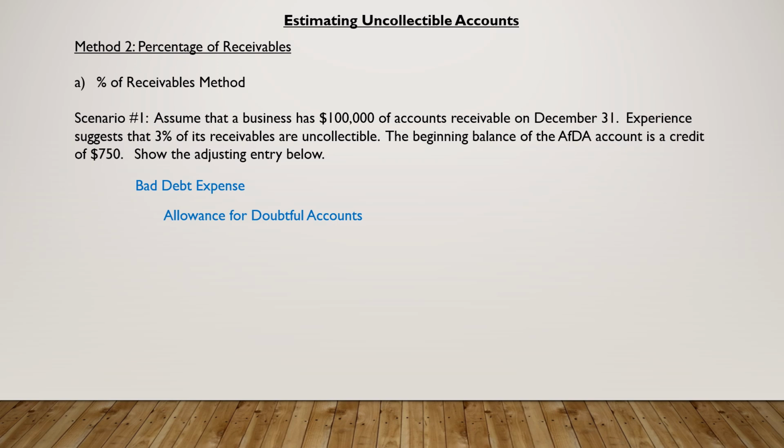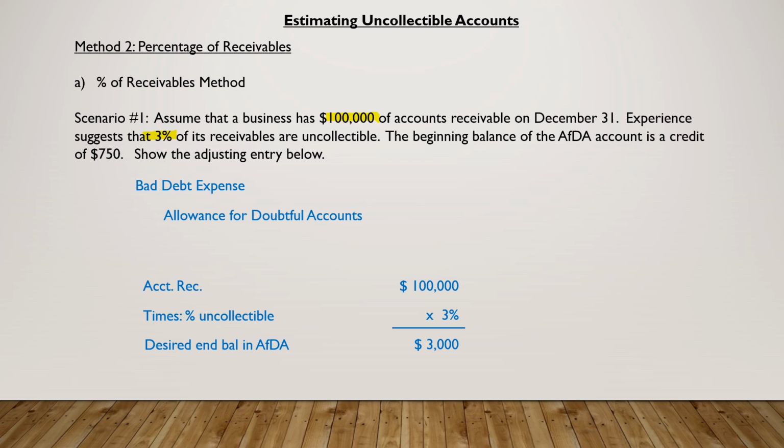This time, it's 3% of our accounts receivable that is uncollectible. So we multiply those two together. The $3,000 is our desired ending balance in allowance for doubtful accounts.